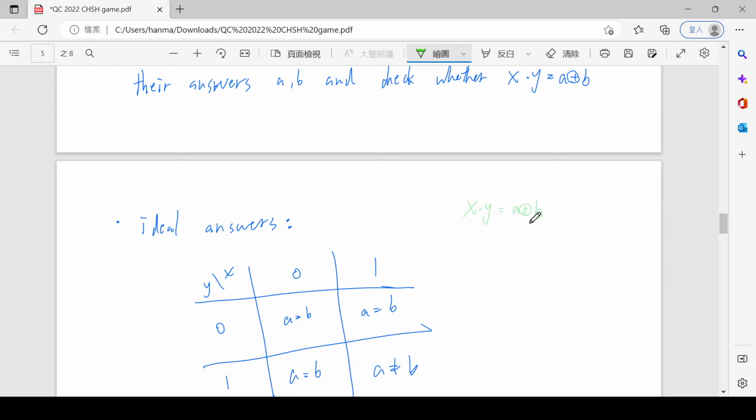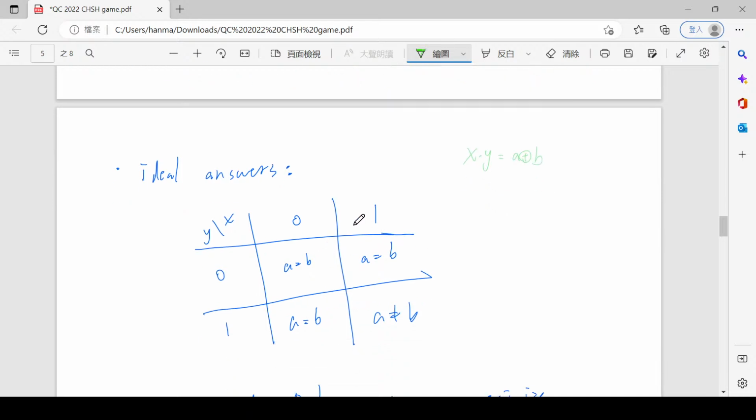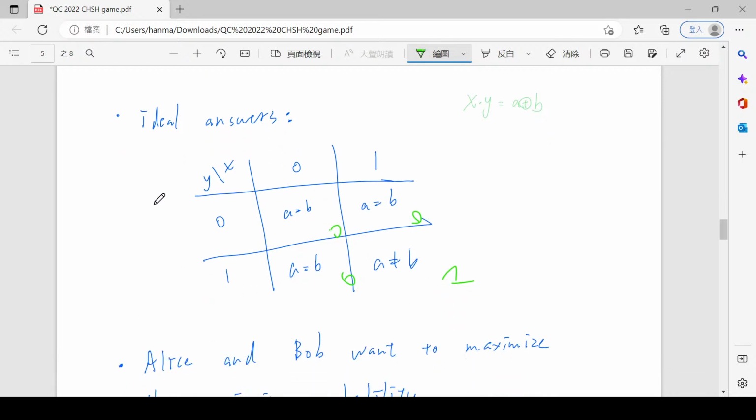You can just do the multiplication, so it's 0, 0, 0, 1. A XOR B equal to 0 means A equals B. So on those three possibilities, A should equal B, and on the last possibility, A needs to be not equal to B.